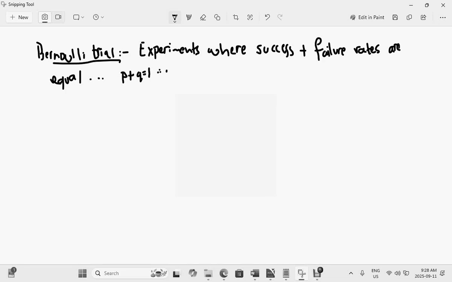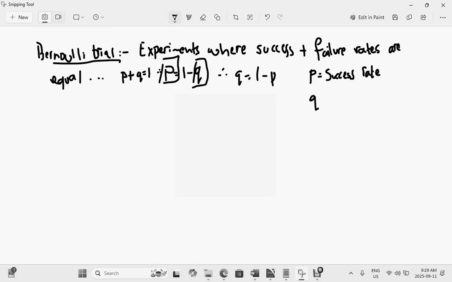If you're talking about a binomial experiment, and Bernoulli trials do have to do with binomial experiments, P has to do with your success rate, and Q has to do with your failure rate. So P equals success rate, and Q equals failure rate.